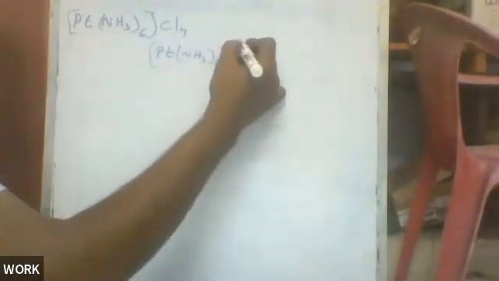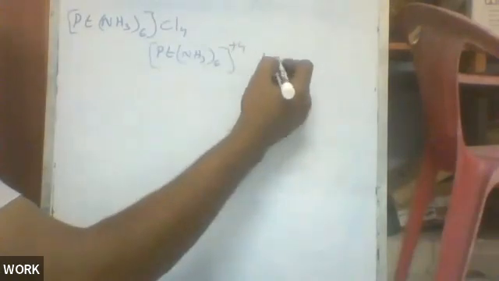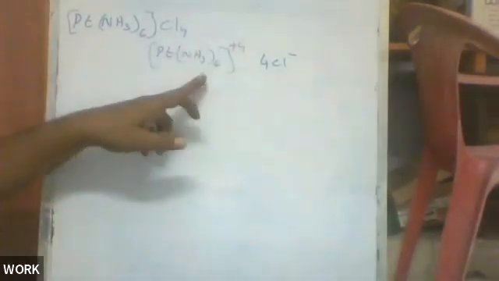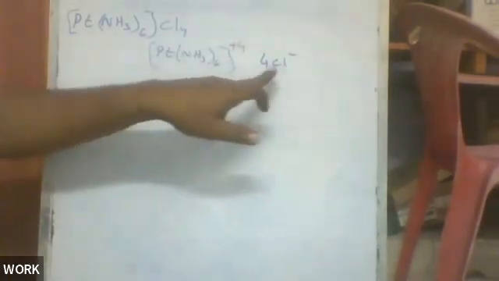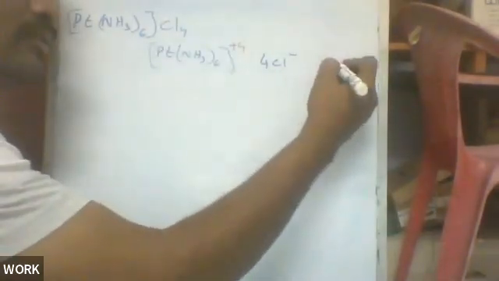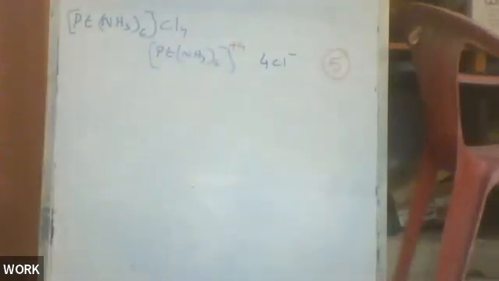And then you will get 4 Cl minus, correct? That means the total number of ions in the aqueous solution: this is one type of ion, and you have 4 ions. Total, how many ions do you have in the solution? 5 ions in the solution. Correct? 1 cation and 4 anions. Am I right or not?